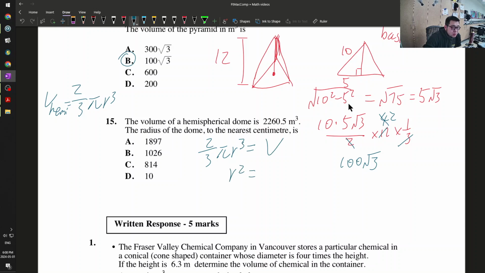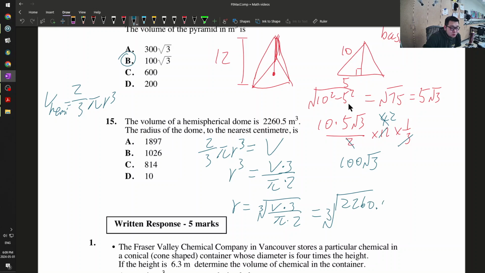Divide both sides by pi, then multiply both sides by 3, then divide both sides by 2. So r cubed is equal to this, therefore r is equal to the cube root of V times 3 divided by pi times 2, which is the cube root of 2260.5 times 3 divided by pi times 2.